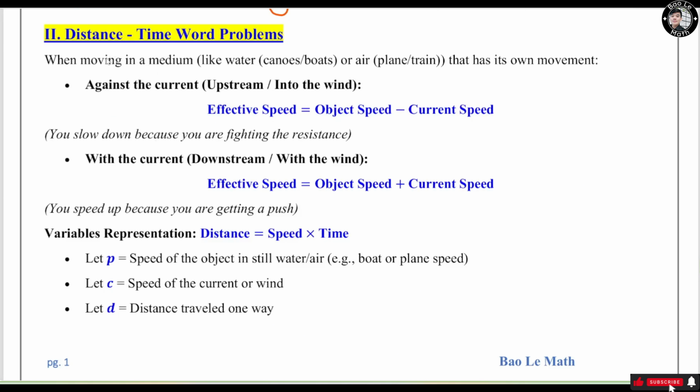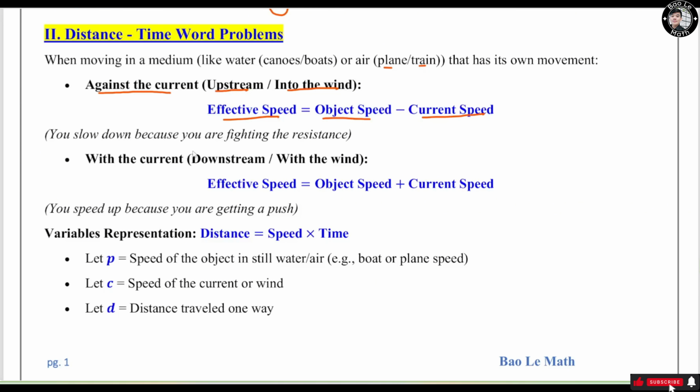Now let's move on to the next one, distance time work problems. When moving in a medium like water, such as canoes, boats, or an airplane or train that has its own movement. When you move against the current, in other words, you're going to move upstream or into the wind, in order to calculate the effective speed, you're going to take the object speed and subtract the current speed.